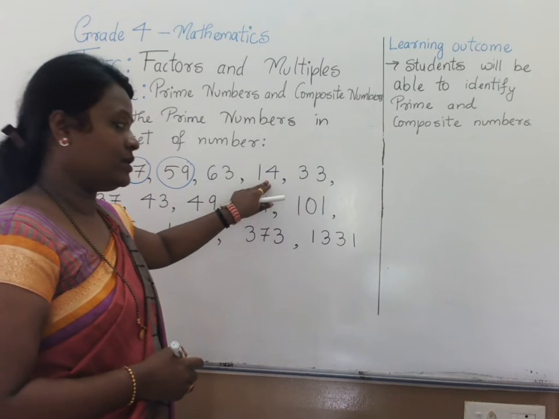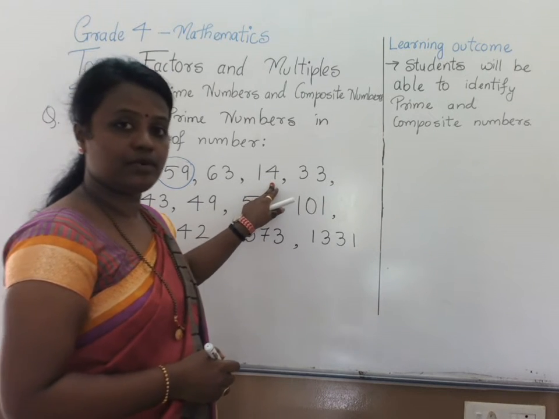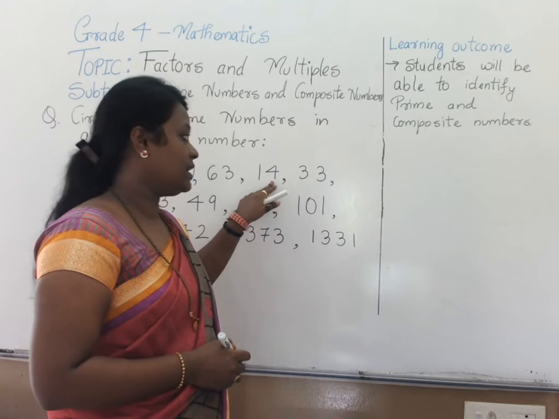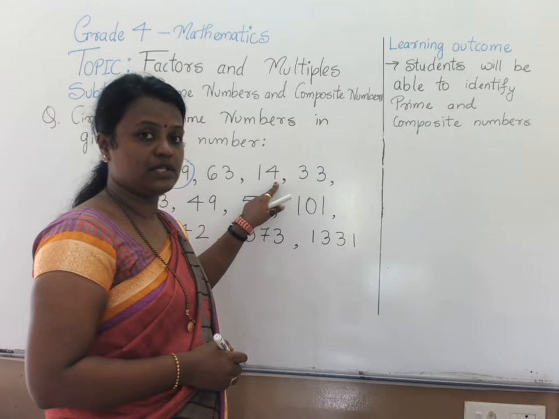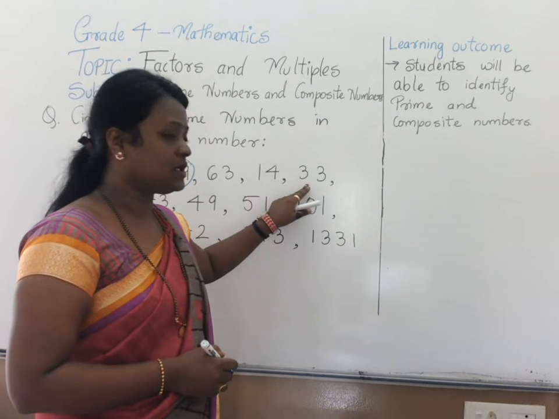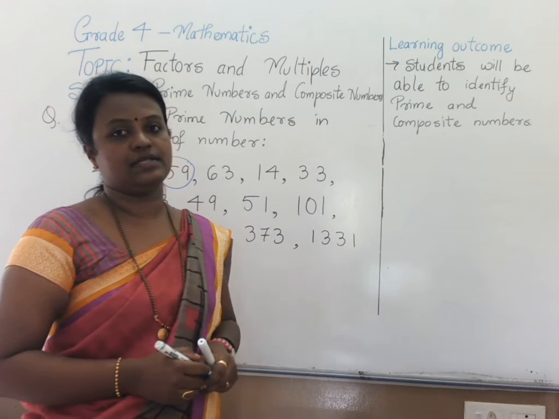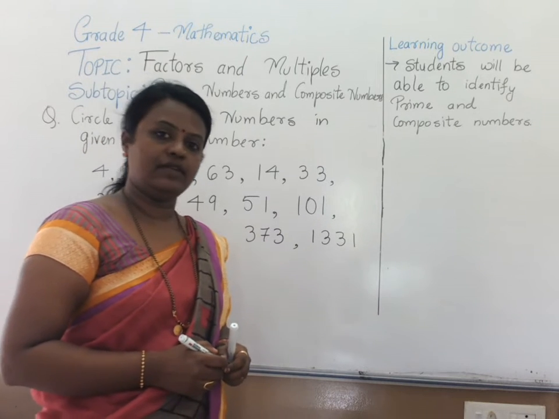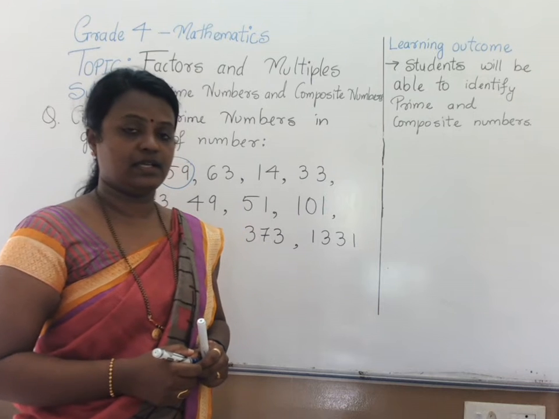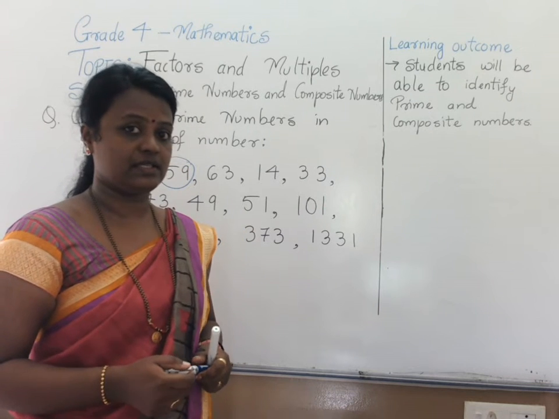14. 14 is a composite number since we have an even digit in the units place. 33. Yes, check that 11 threes are 33, or 3 elevens are 33.